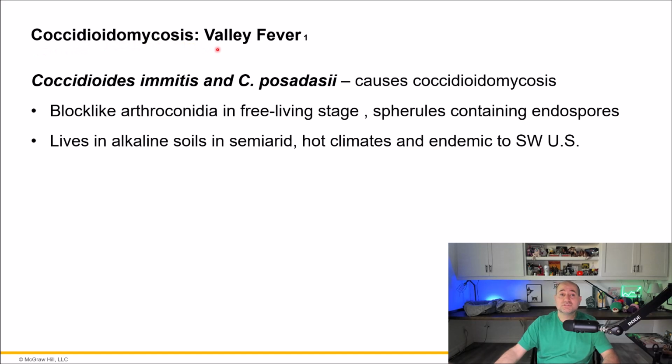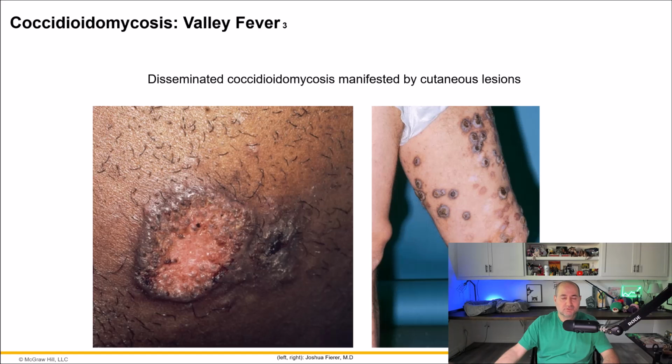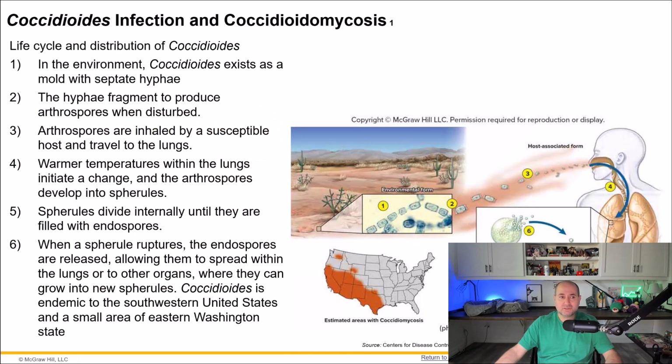Next, we learned about coccidioidomycosis, or just plain valley fever. This is caused by Coccidioides immitis and Coccidioides posadasii. Remember, valley fever can cause lesions on the skin. And do you recall?